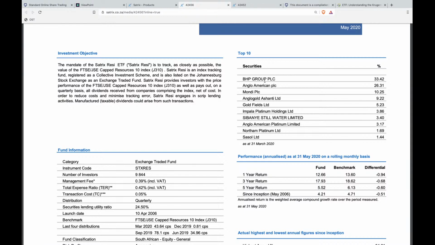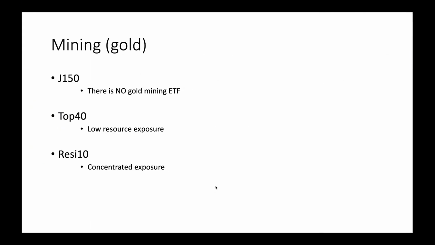What you've got here is commodities, but your gold is, call that 15%. If you wanted to add Sibanye, which would be a little bit generous, you're up at 18.5%. You're getting some gold, but again, not to the level which folks who want in on the J150 have been talking about. Of course, all of these are applicable for your tax-free savings account, so there certainly is a benefit to that.